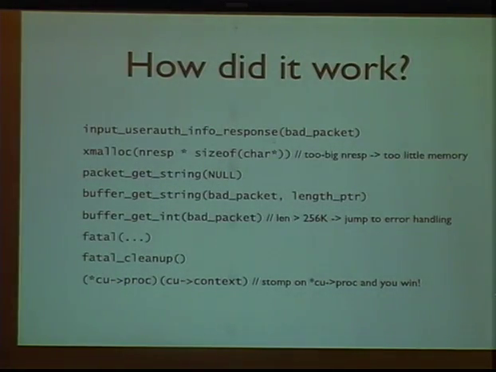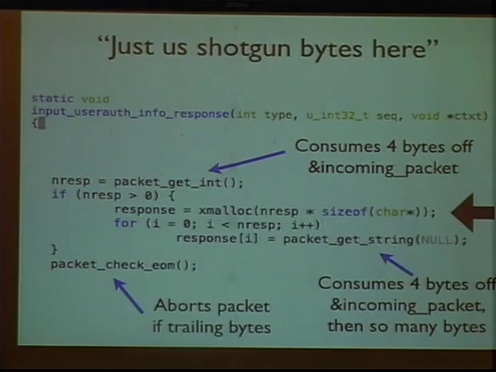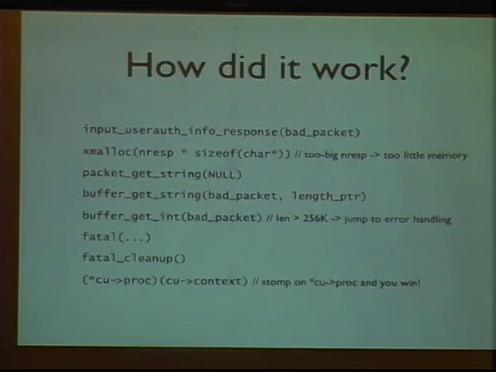So let me just walk you through the entire exploit really quickly. There's the packet get string that gets called there. I mean, that's normal. Packet get string calls buffer get string, which starts pulling strings off of the packet that was sent.